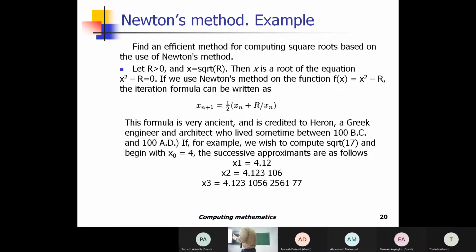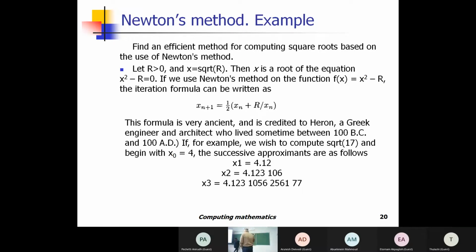Good. And after that, I ask you to substitute our particular case in this formula. x n plus 1 equals x n minus f of x n.